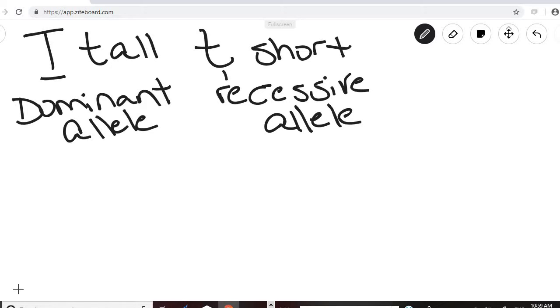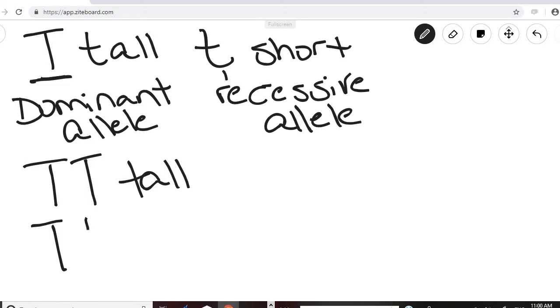Okay, so dominant allele is capital letters, recessive allele is lowercase letters. So what we mean by a dominant allele, remember for every trait you're going to have a two-letter genotype. In those two letters, if you just have one uppercase T, then it's going to be tall. So if the two alleles are this, that's going to be a tall plant. Or if the two alleles are this, that also will be tall, because for a dominant allele, you only need one of them in order for that trait to be expressed, in this case, tall.